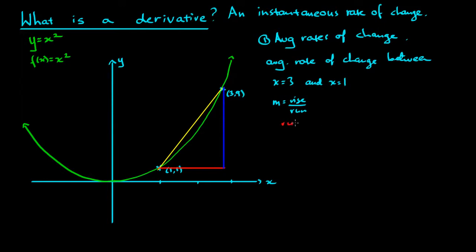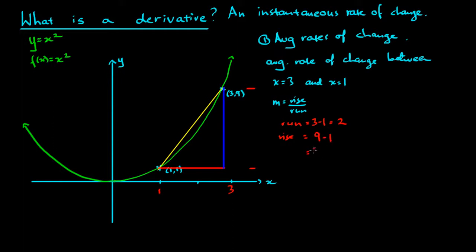So let's work out those individually. The run is equal to, well, if this is 3 and this is 1, the run is equal to 3, take 1, so that's 2. The rise is a little trickier. It's equal to the height at this level, take away the height at this level, so that's 9, take away 1.